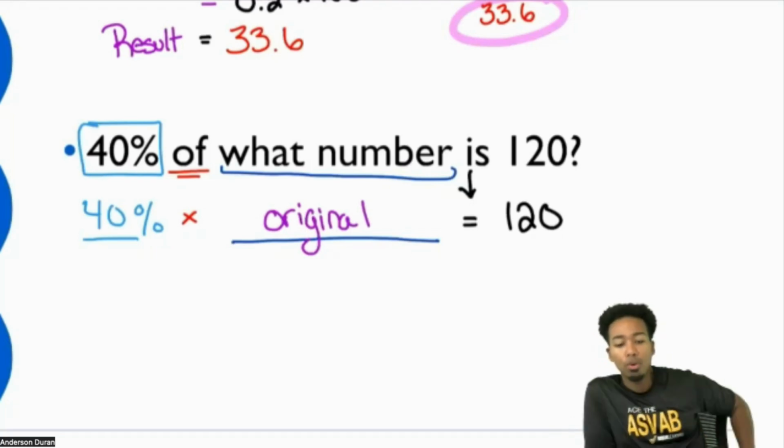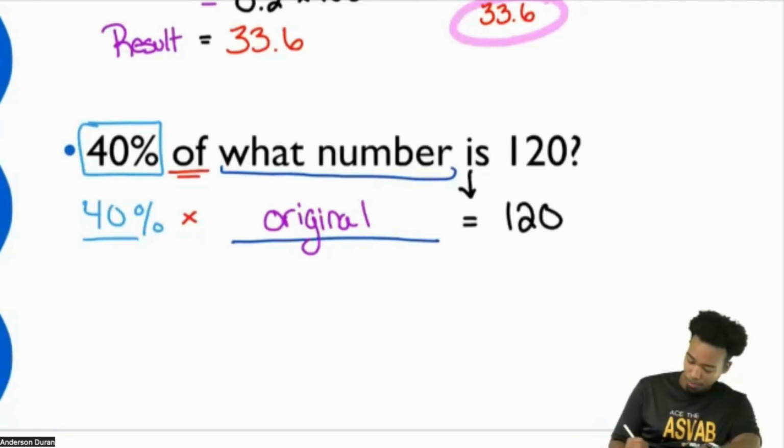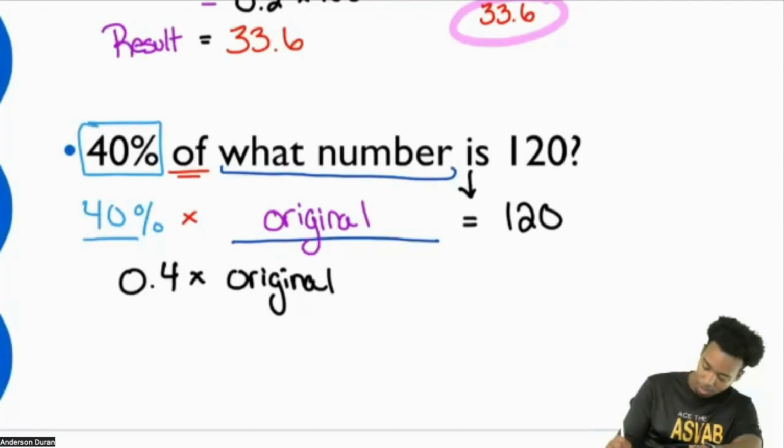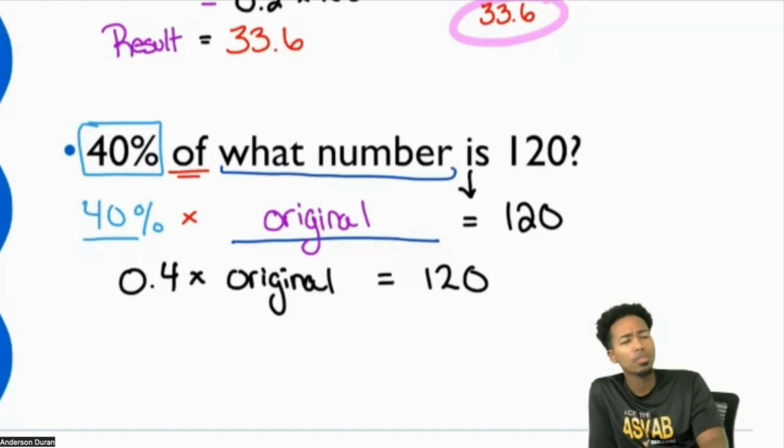We can just write 0.4. So let me illustrate this for you here. We're going to have 0.4 multiplied by the original amount, and that's going to equal 120. All right, quick question, everybody. What do we have to do to both sides to get the original number by itself?